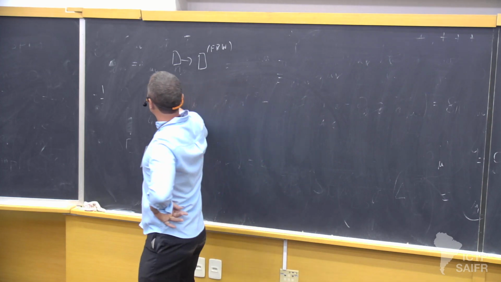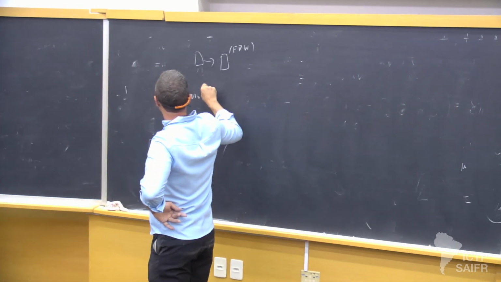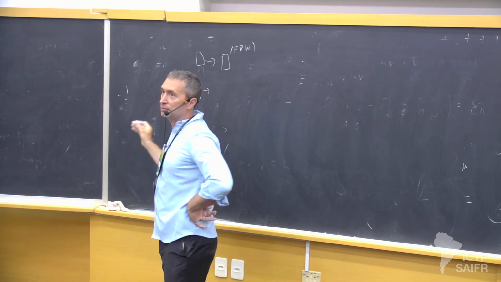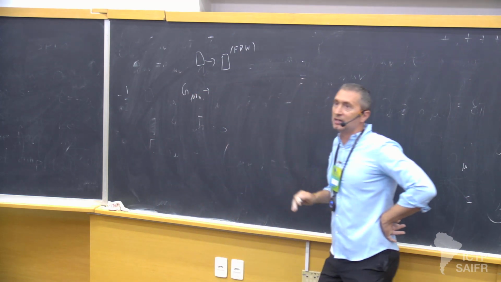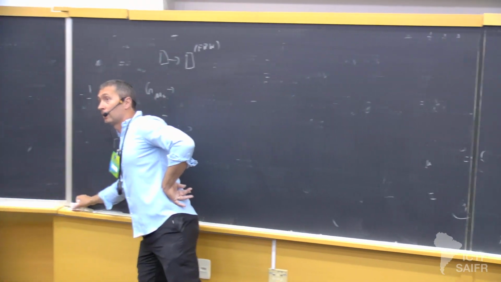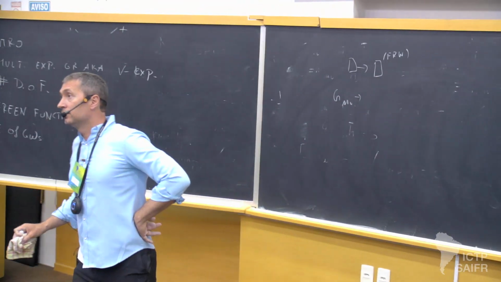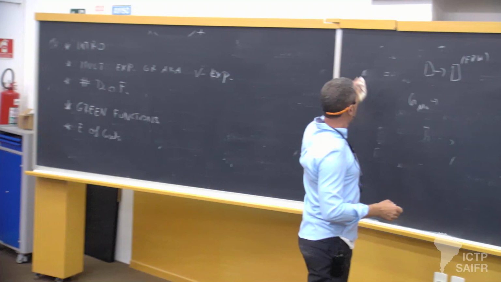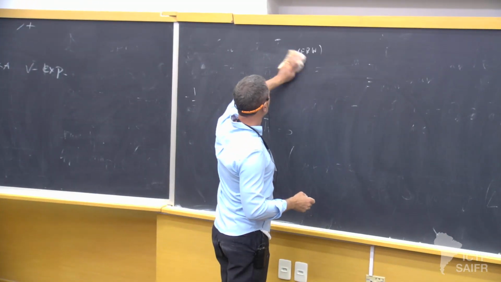You can work it out. You compute the G mu nu, instead of computing over Minkowski, you compute over Friedmann-Robertson-Walker, and what comes out at the linearized order is basically this. But you're going to solve pretty much the same equation at the end of the day. All right, thanks.